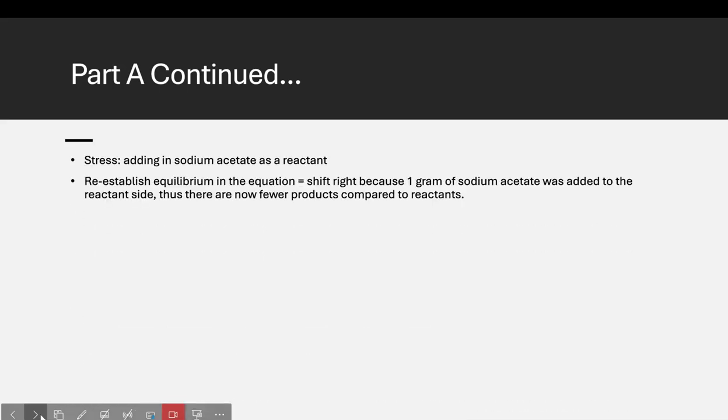So as you can see here on the slide, we have addressed the stress and how it's going to shift. There is your equation. The question mark on the slide is actually representing the equilibrium symbol, because in this equation, both sides, the first side and the second side, are at equilibrium with each other, of course.